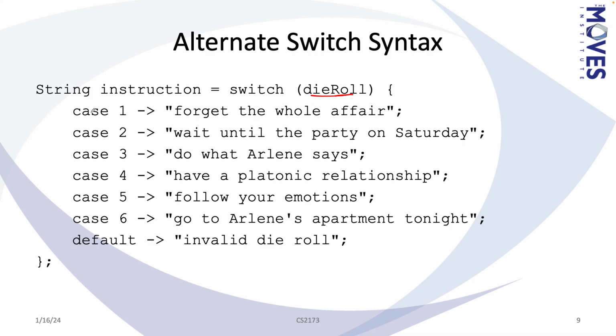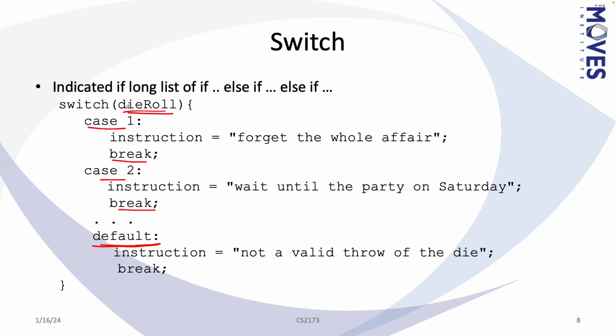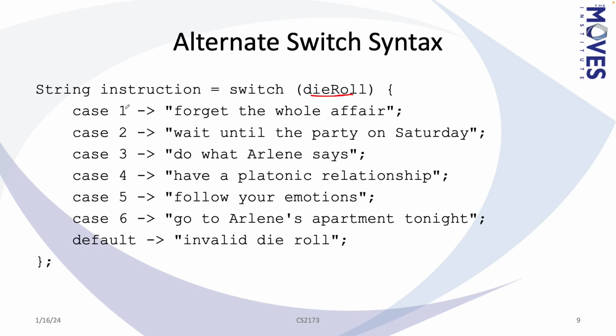Now the cases have to be concrete. They can't be an expression. That would be kind of nice, but this is the only way to do it. In other words, this is an int whose value can only be 1 or 6, and I have to explicitly lay those out.